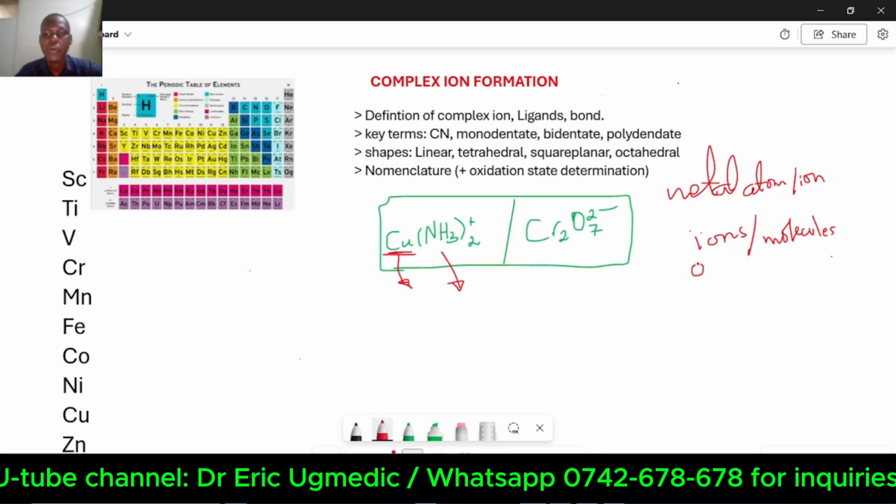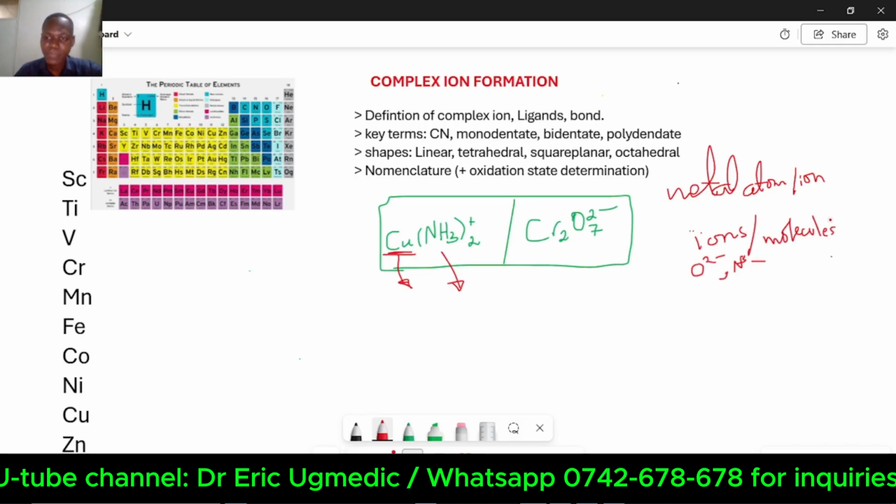For example, oxygen, maybe nitrogen, just like that. So that's why someone can say that a complex ion is a substance in which a metal atom or ion is bonded to an atom or group of atoms that are negatively charged, instead of just saying ions.